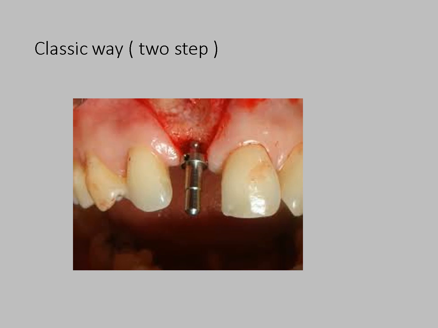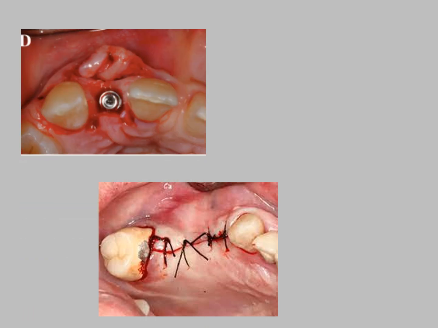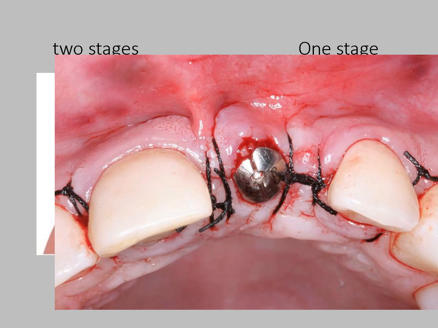Okay, so the classic way is 2 steps. First step, you put in implants and suture, then you open after a while and add a gingival former. This is called two-stage surgery. There is another way, one-stage surgery, where you place the implant and put the gingival former and stitch around the gingival former. So you will see the implant on the same day of the surgery and you will not need to open it again after a while.